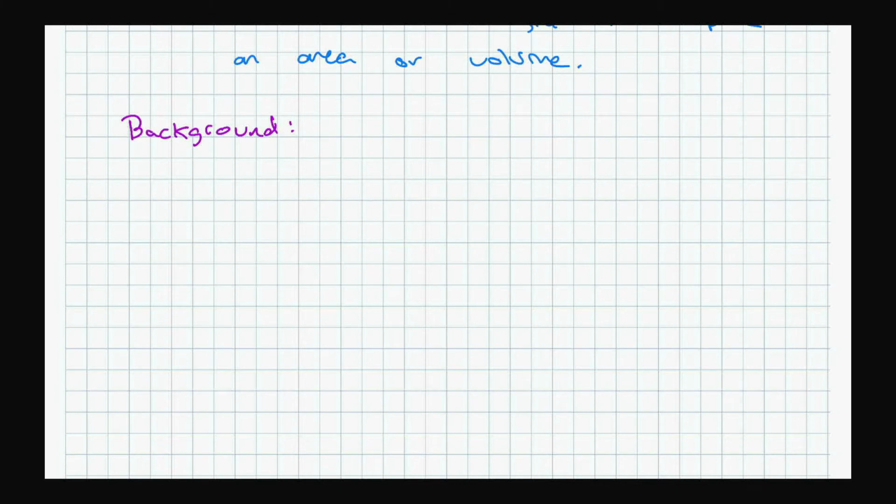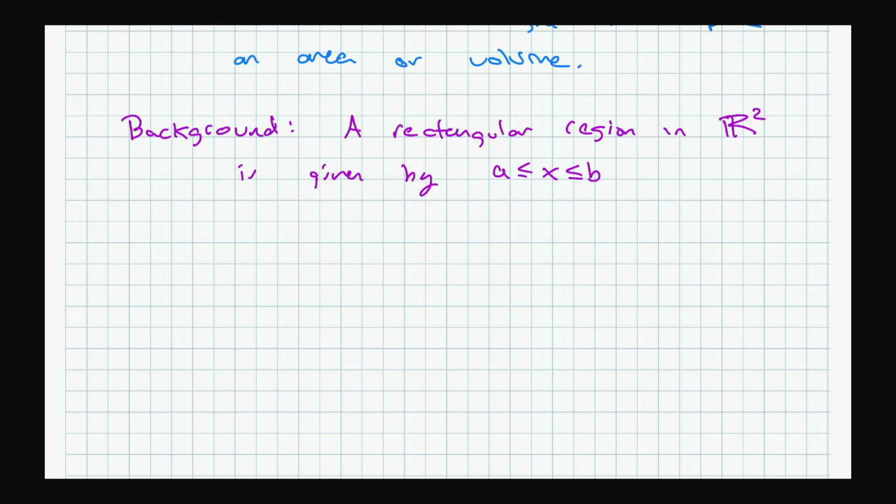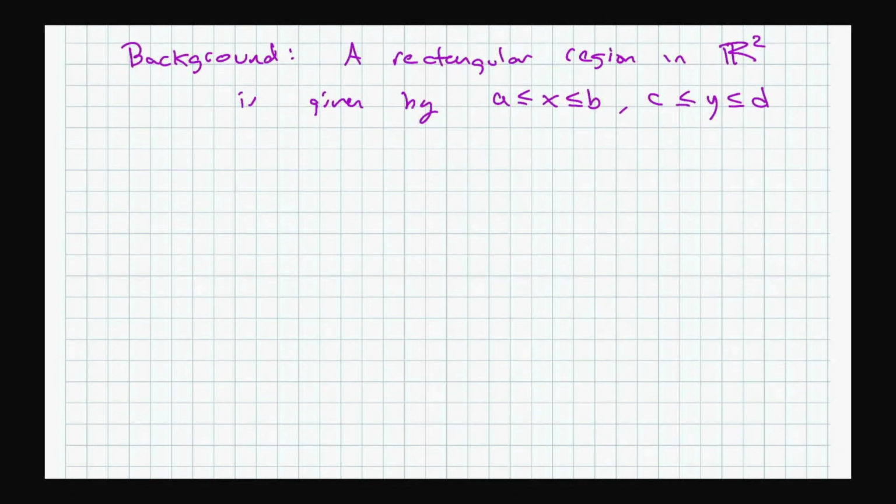A rectangular region in R2 is usually given like this: x is between two numbers A and B, and y is also between two numbers C and D. If you're just looking at it in an XY plane, you just have a rectangle.